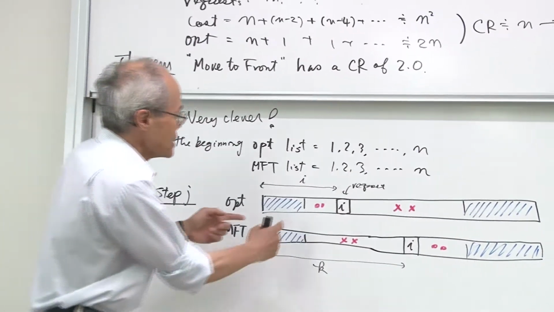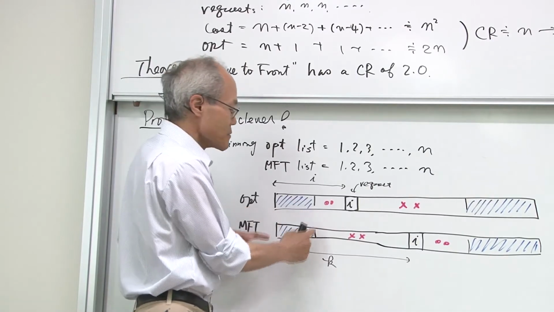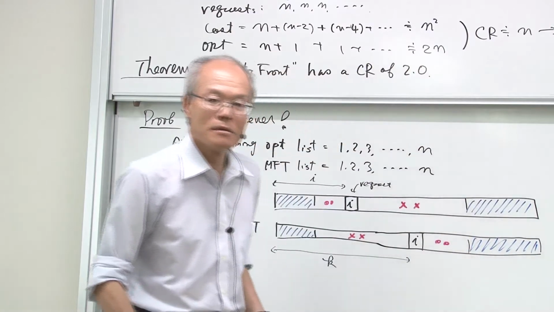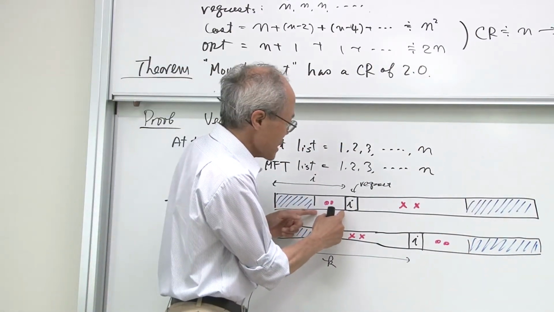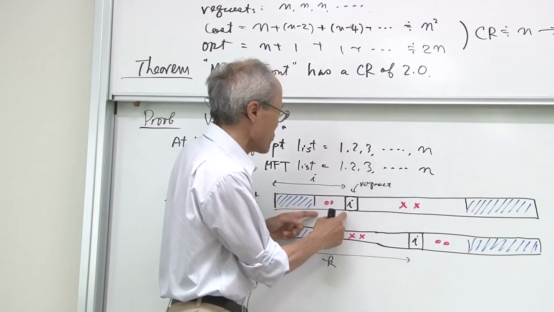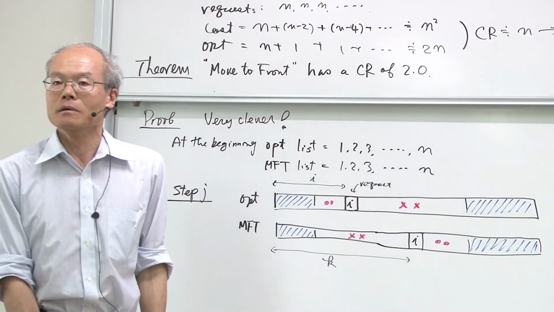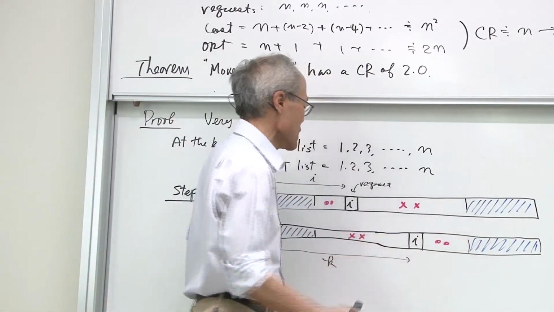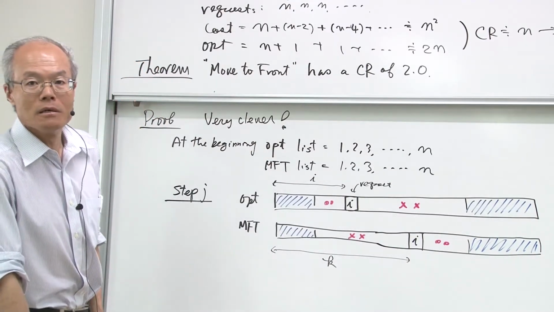We have this many same items before I and this many same items after I. Those items are different: these items are before I in opt, but after I in MTF, and those items are after I in opt, but before I in MTF.